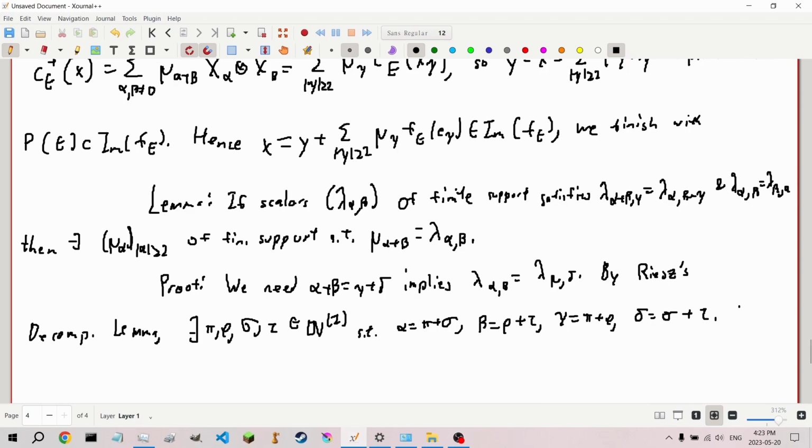Now suppose that pi is non-zero, and sigma plus beta is equal to rho plus delta.